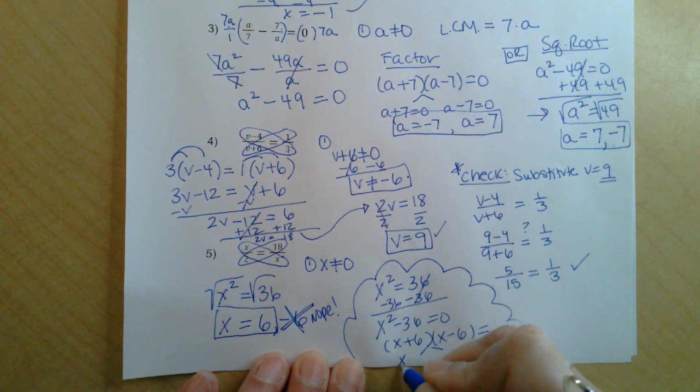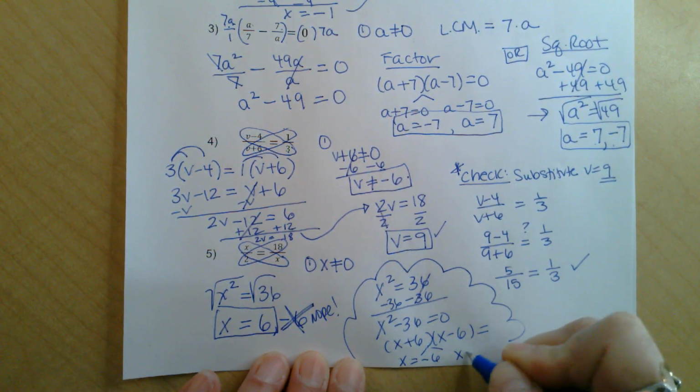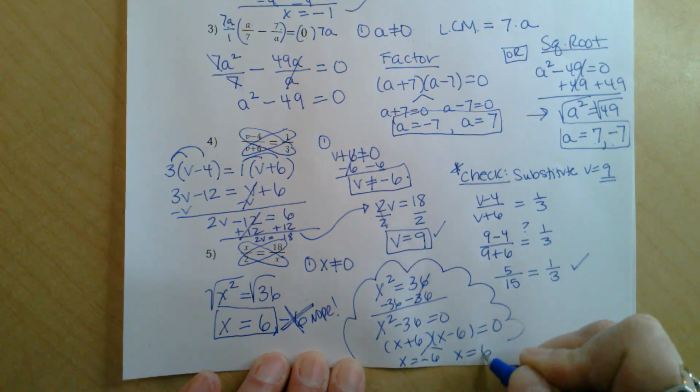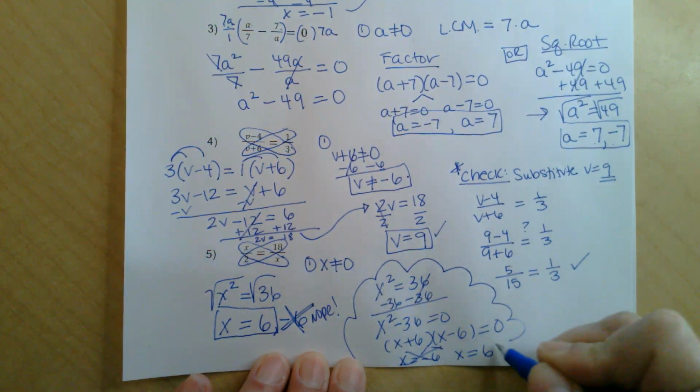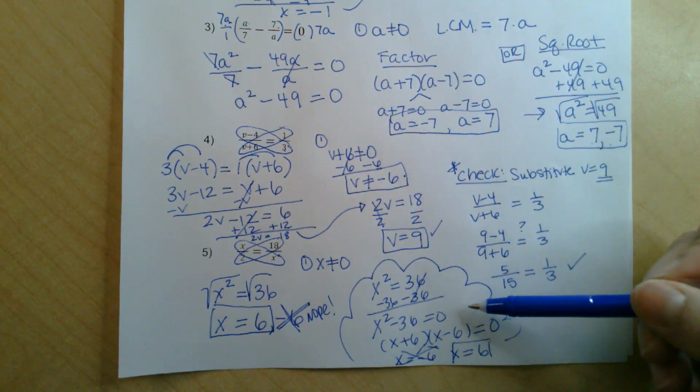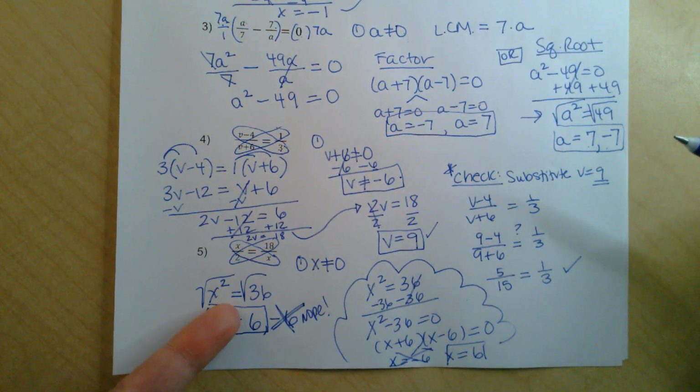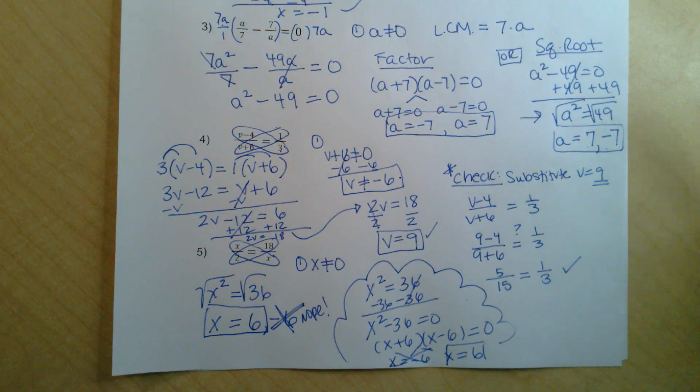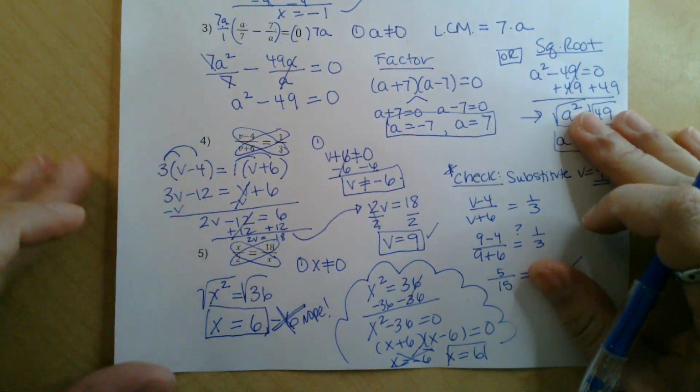And when you split them, you get x equals negative 6 and x equals positive 6. We know that can't be an answer. So x equals 6. So you could do it the factoring way. I think right now that one's much easier to do for us, but either way that you want to think about it, you're more than welcome to.